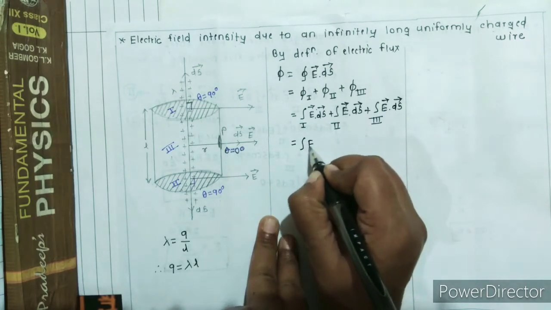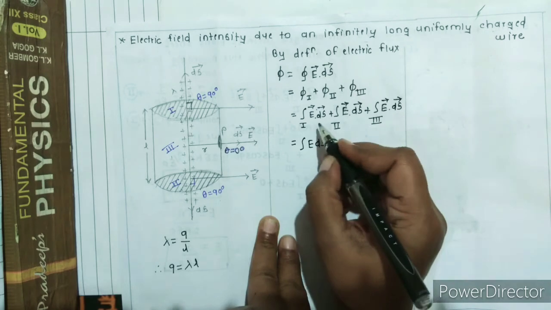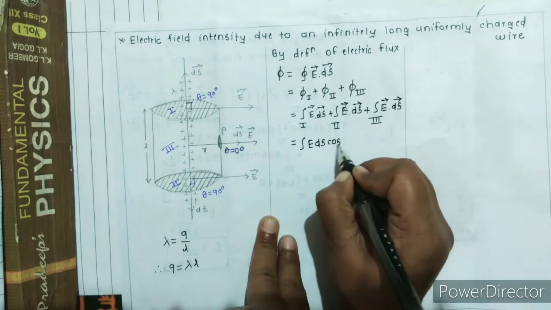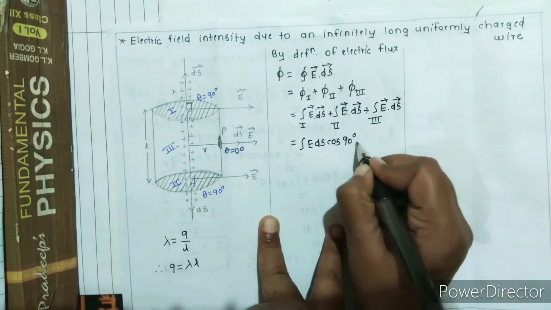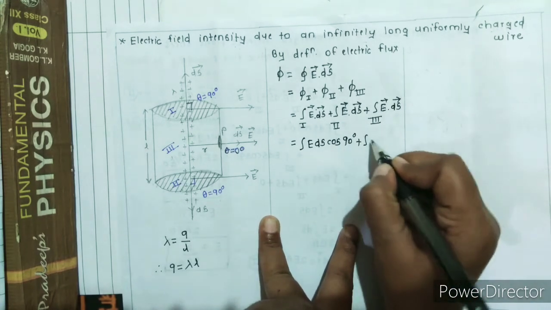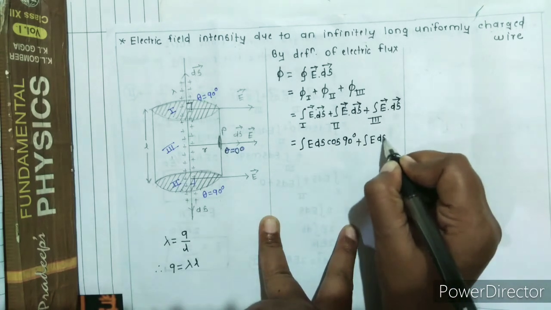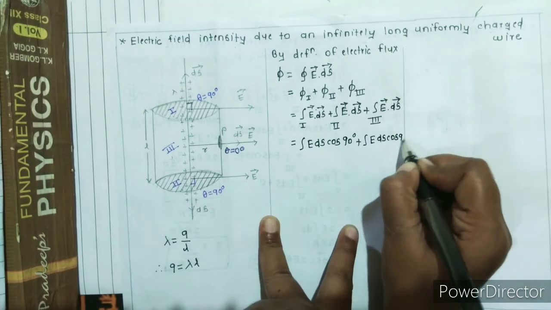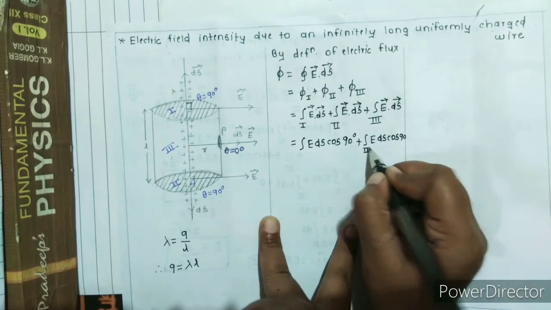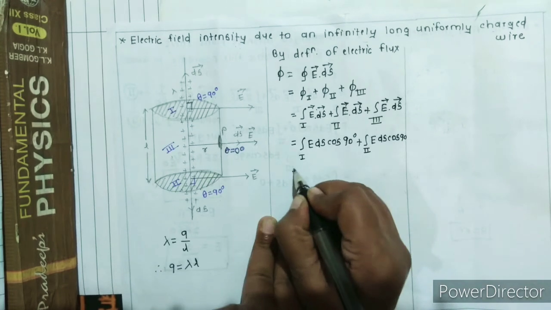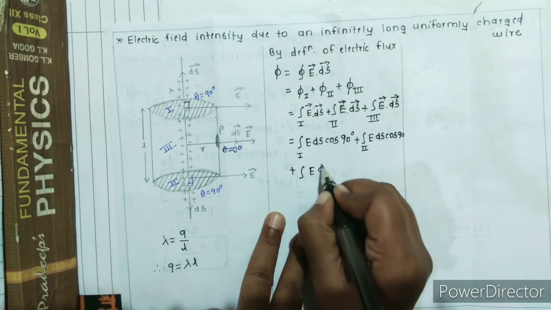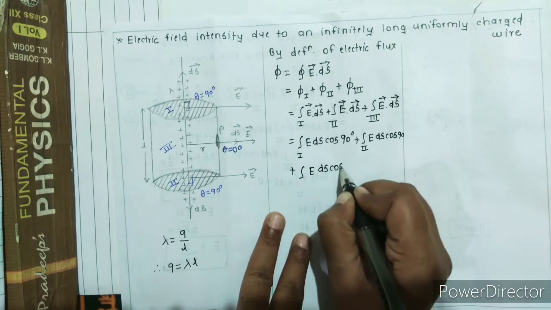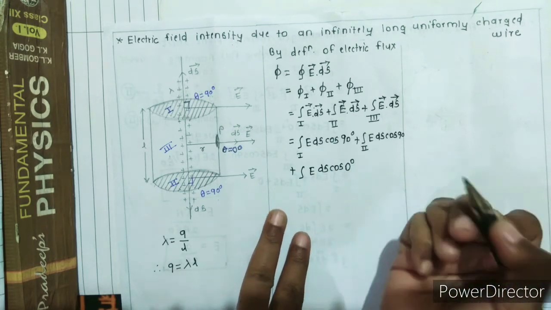For first region, integration of E ds, now dot product cos of, what will be the theta for first region? 90 degree. In second region, same, E ds cos of 90. And what will be the third region? Integration of E ds cos of 0 degree.